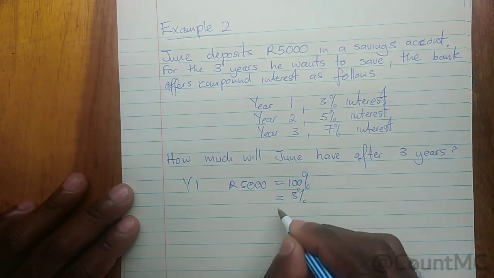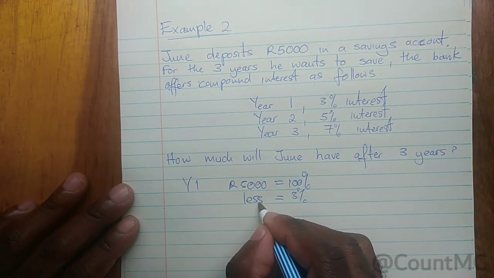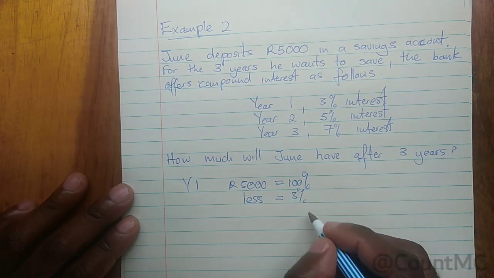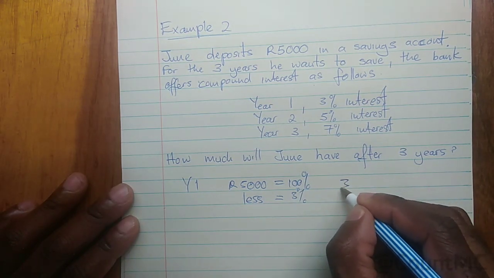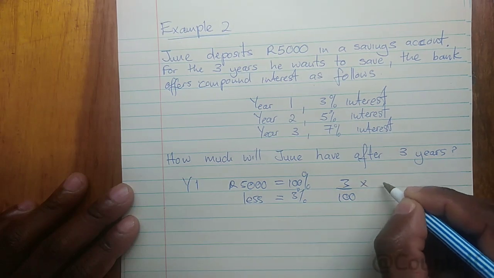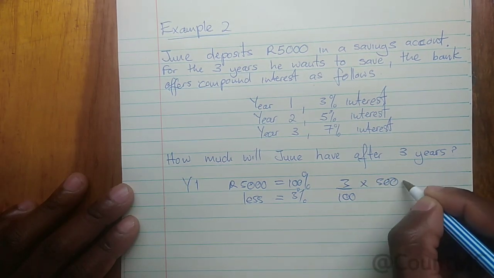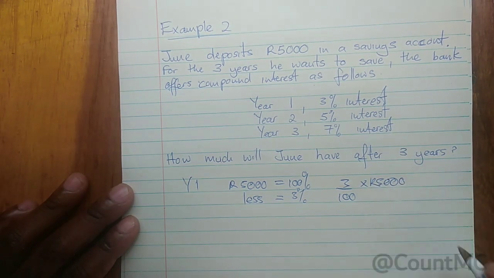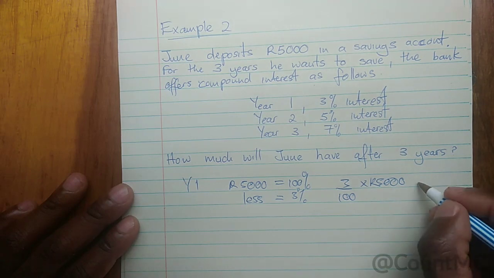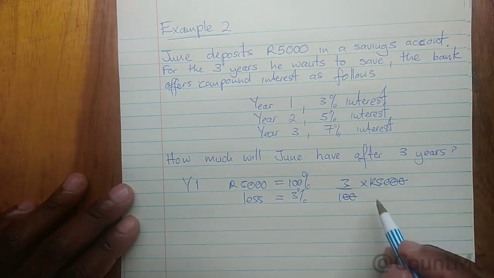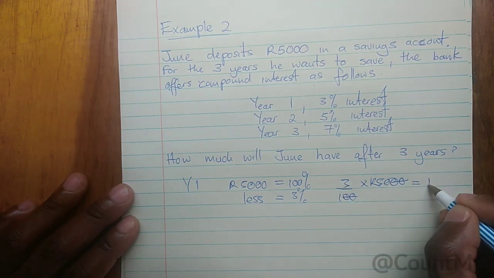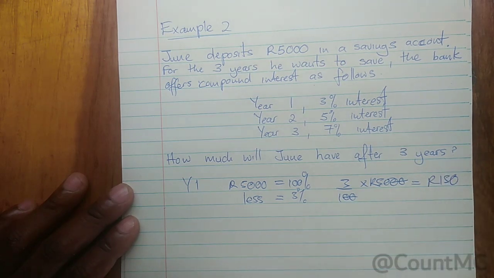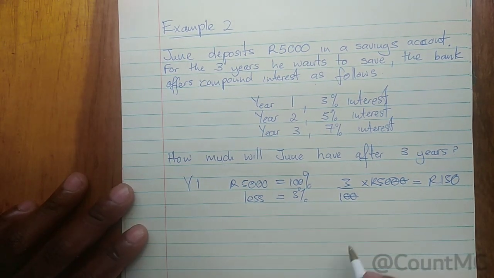So there's a 3% interest, which is going to be less in comparison. So the 3% interest times 50, you get 150 rands.